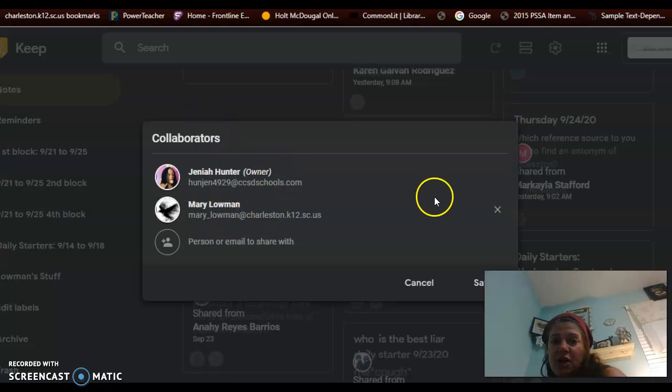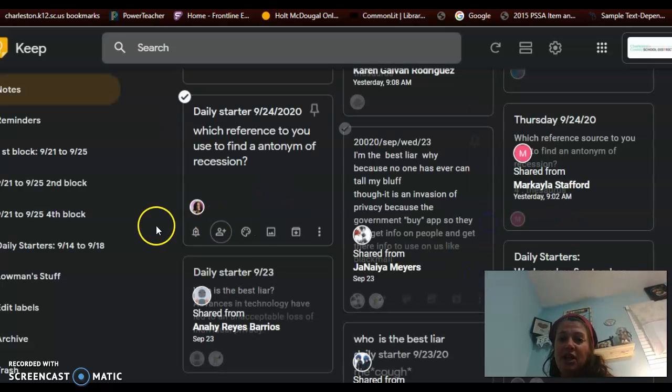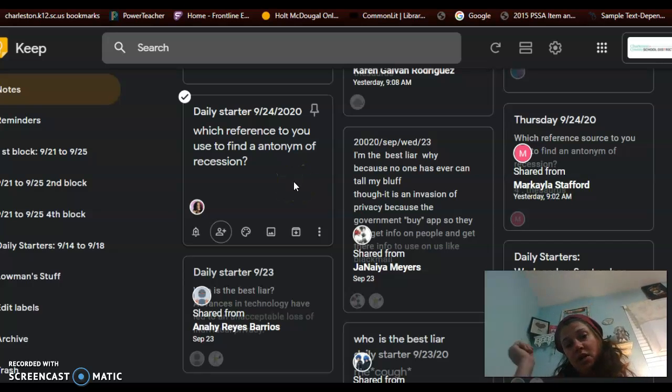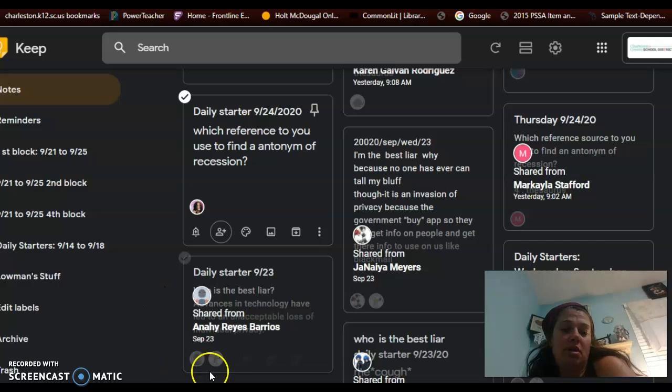So in your Google Keep, if you click on that person and there's no one shared, then that means I don't have it. So those are due by Sunday, 11:59.